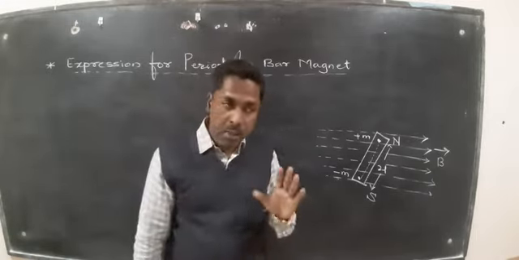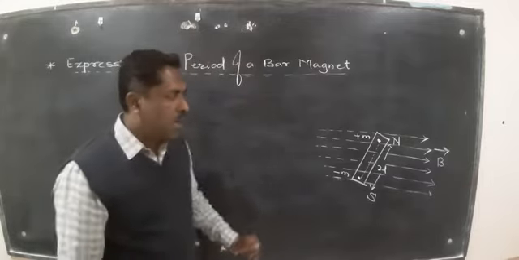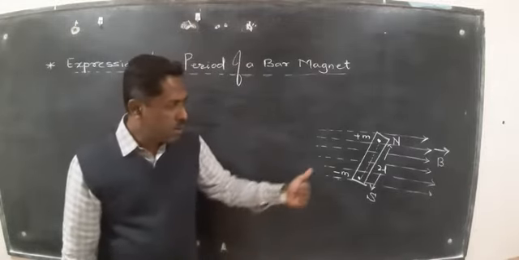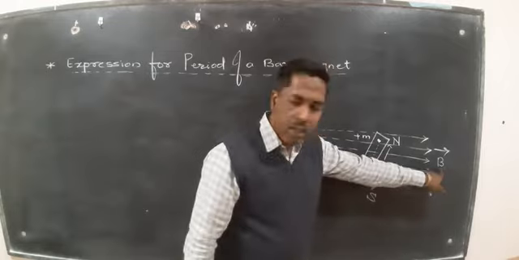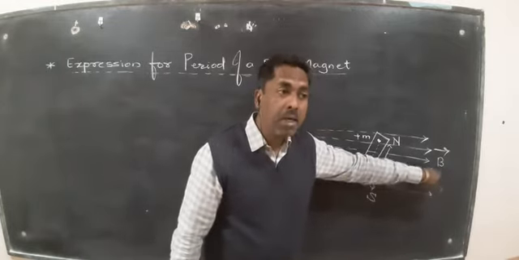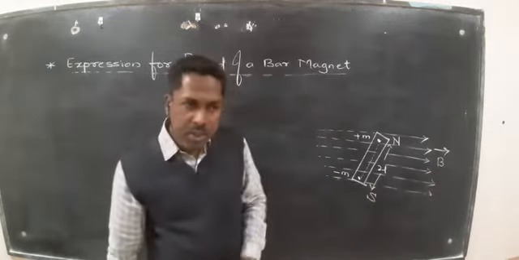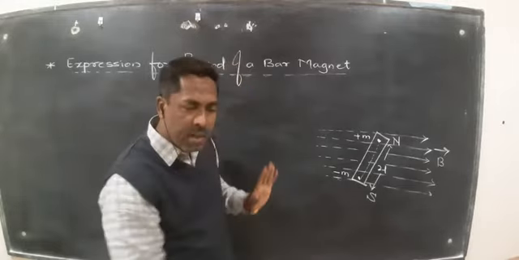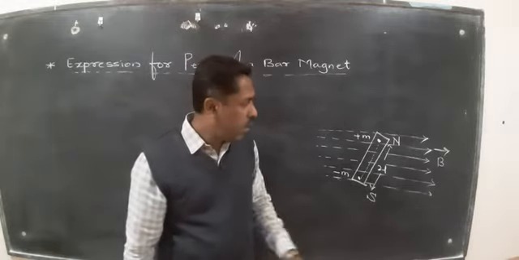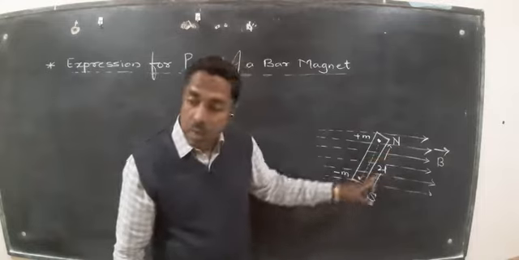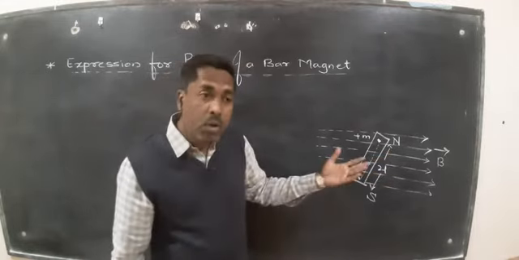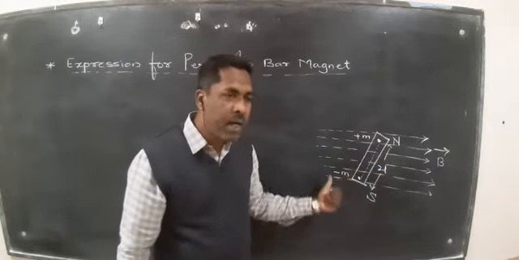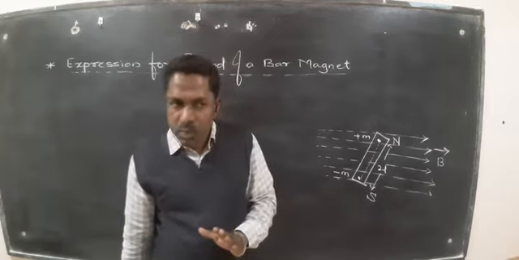This is your first paragraph. What is shown in this diagram? Let us consider there is a uniform magnetic field B in which a bar magnet is kept, having north pole and south pole with pole strength plus small m and minus small m respectively.